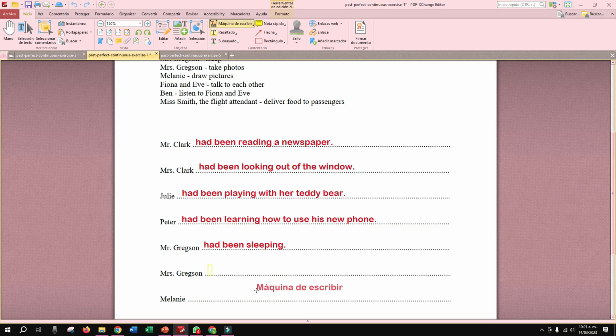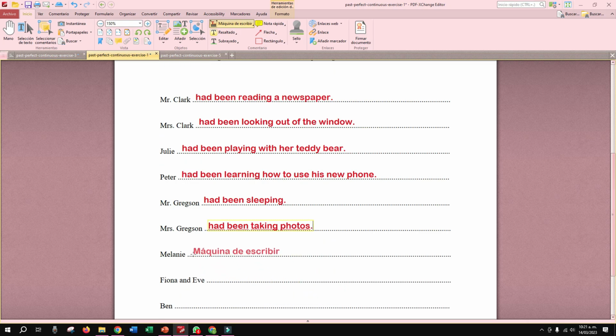Mrs. Gregson had been taking photos. Taking, yes, photos. That would be. So, Mrs. Gregson had been taking photos.